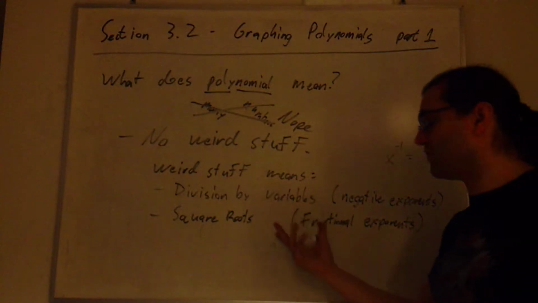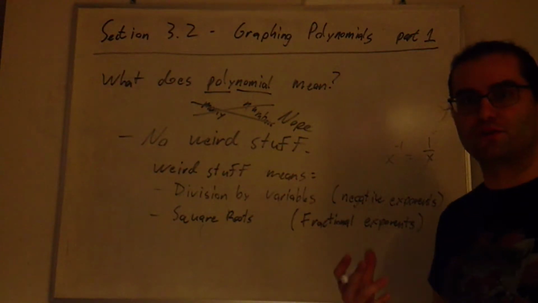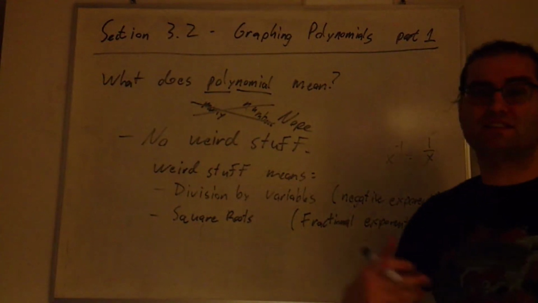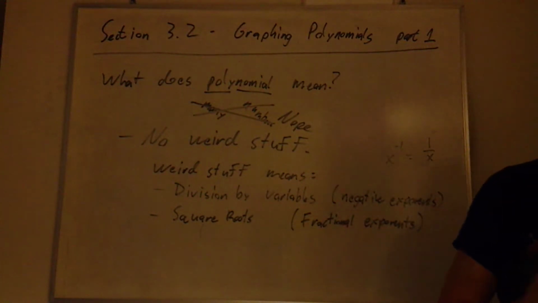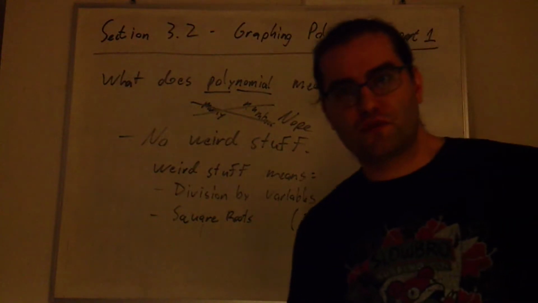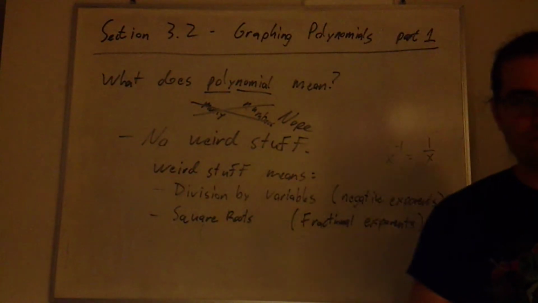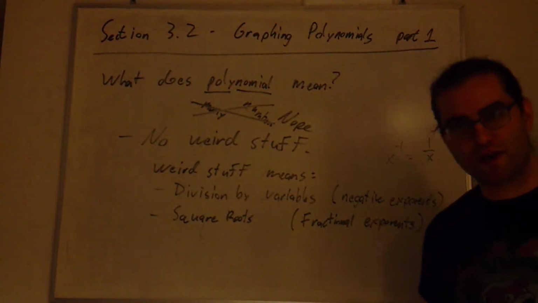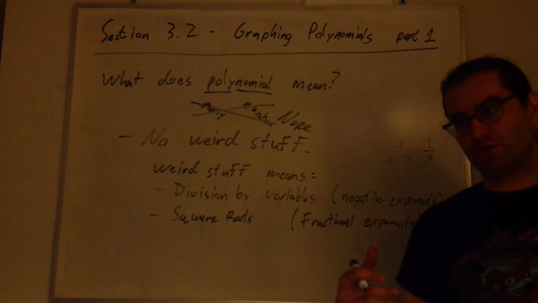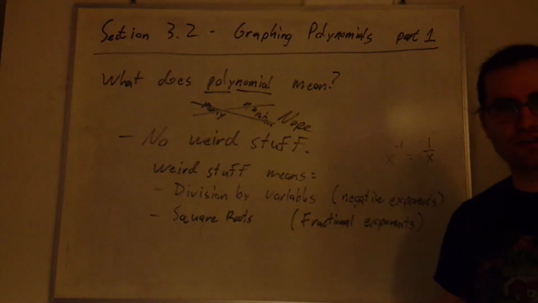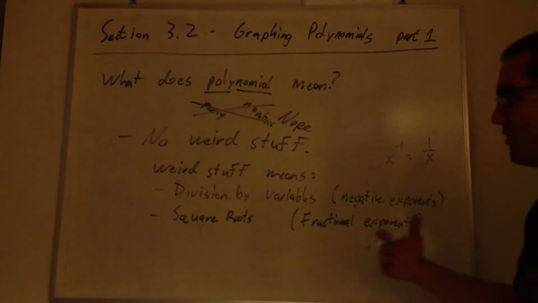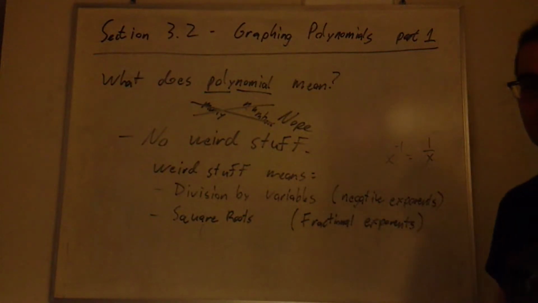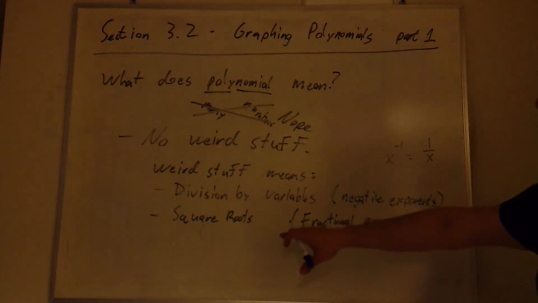If you make a function with y equals square root x, that's great, that's a function, but it has these domain restrictions as well. You can't take the square root of a negative number. And so instead of trying to deal with these domain restrictions and trying to figure out what happens when you graph these domain restrictions, the better plan is just to avoid the whole thing entirely. No square roots allowed. Those are not polynomials. They just don't count.